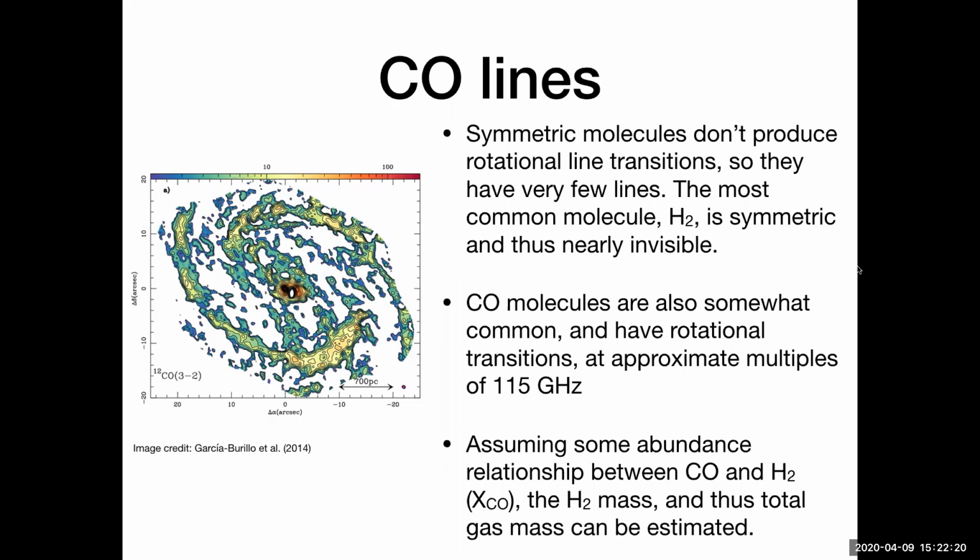The J2 to 1 transition is at 230 gigahertz, and so on, multiples of that. You can use that by assuming some abundance relationship between the number of CO molecules and the number of H2 molecules. There's this ratio X_CO, and then you can convert into estimates of the H2 mass, and since the H2 dominates, that gets you a sense of the molecular gas mass.